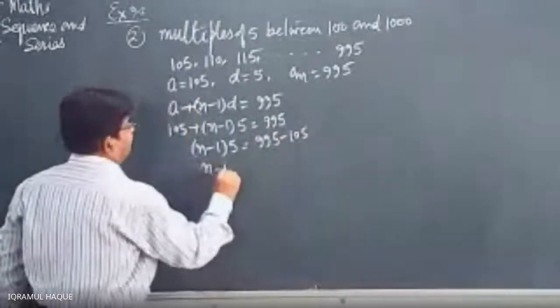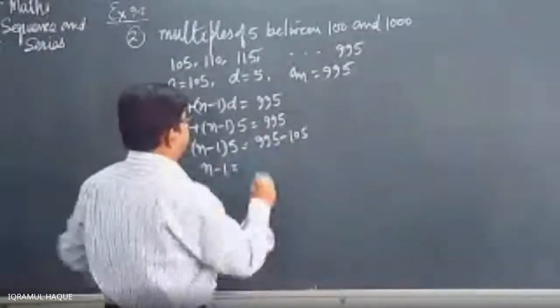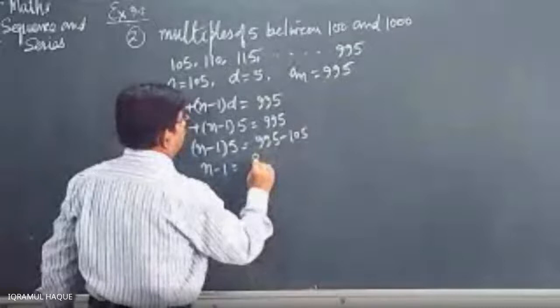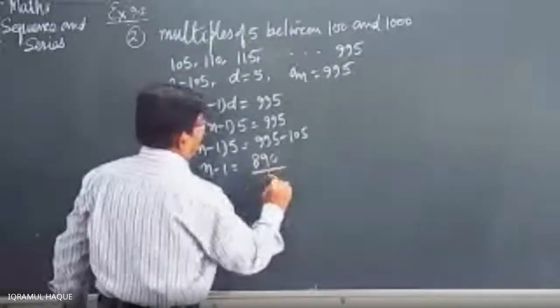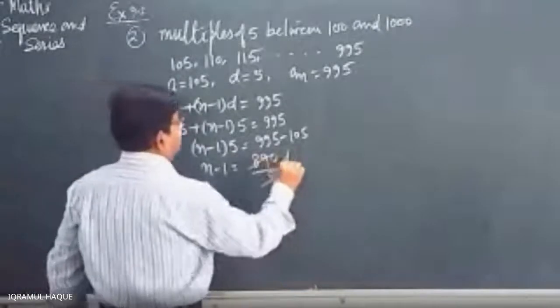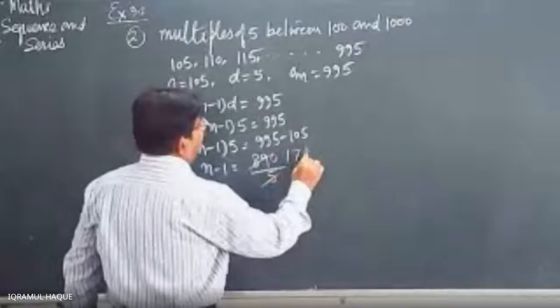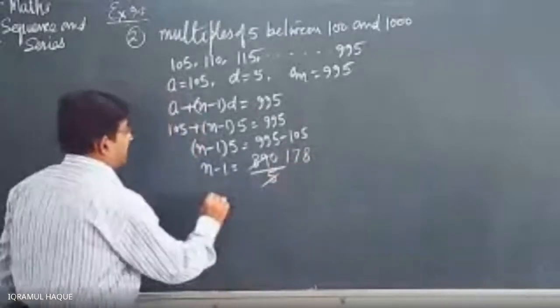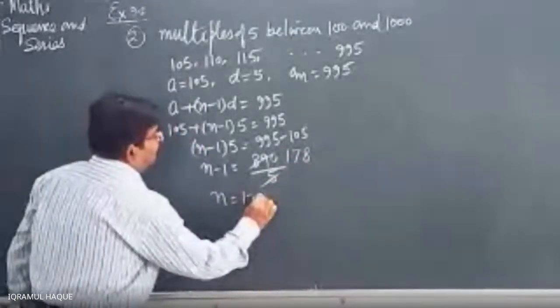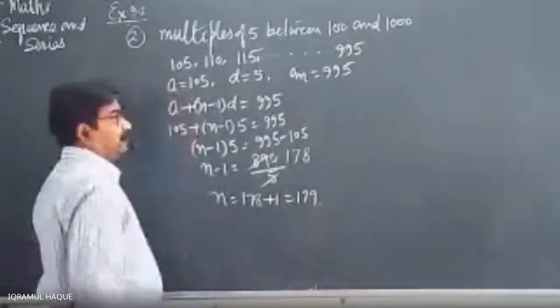So N minus 1 is equal to, subtract this, we have 890 upon 5. This 5 comes this side. Divide this. 5 on the 5, taking 39, 5 9s are 45... 178. So N is equal to 178 plus 1 is equal to 179.